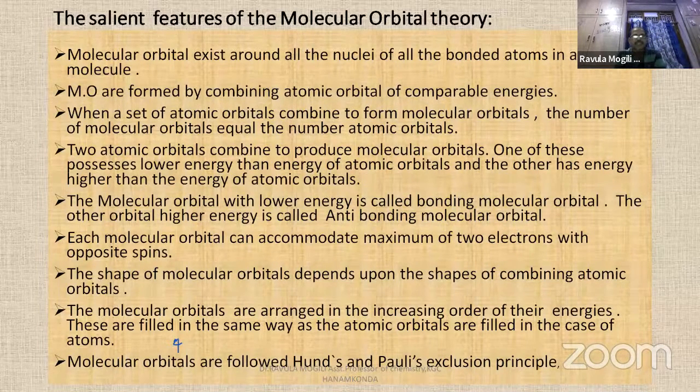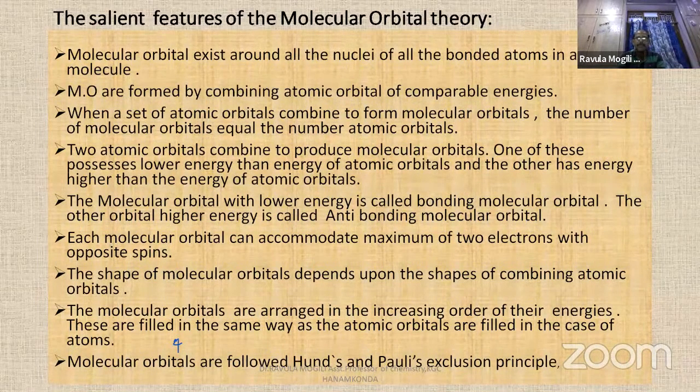One of these possesses a lower energy than the energy of the atomic orbitals, and the other has energy higher than the energy of the atomic orbitals. When two atomic orbitals combine to form a new set of molecular orbitals, one goes to lower energy compared with the atomic orbital.